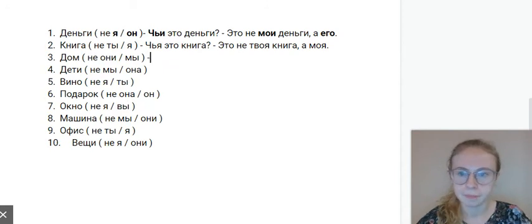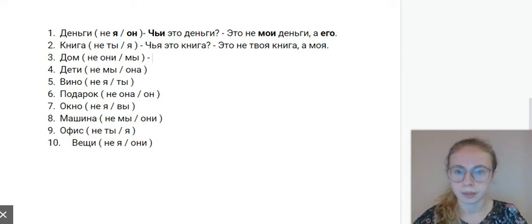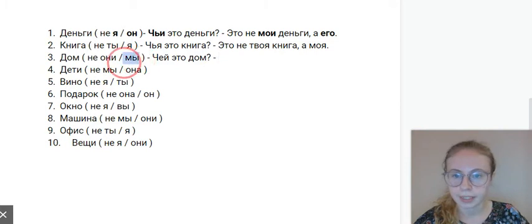Next example. Next sentence. Дом. Дом is a masculine noun. M ending, consonant, so it's a masculine noun. Whose house is this? Чей, ей ending for masculine nouns. Чей это дом? And then you have не они, мы.